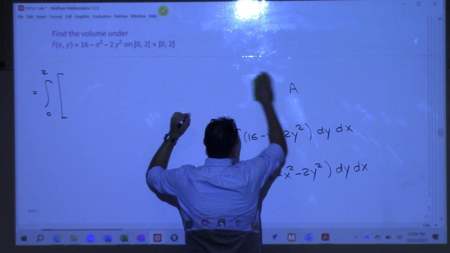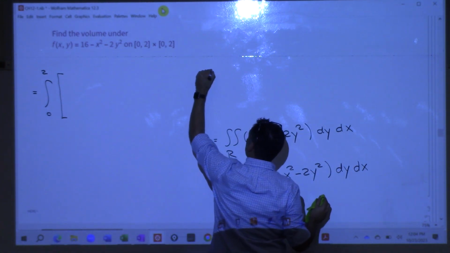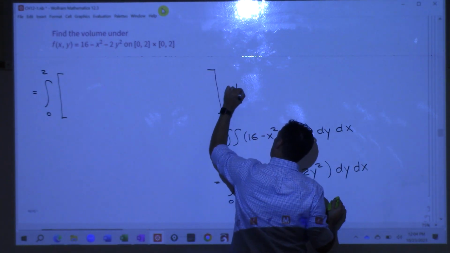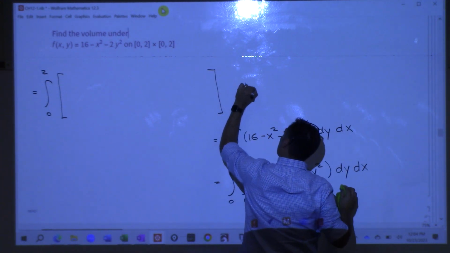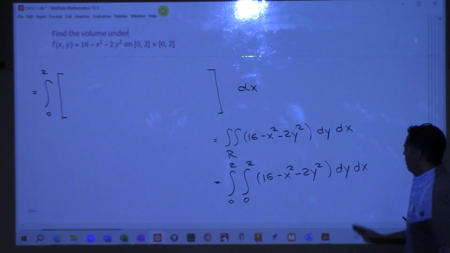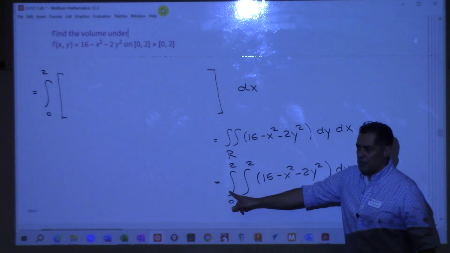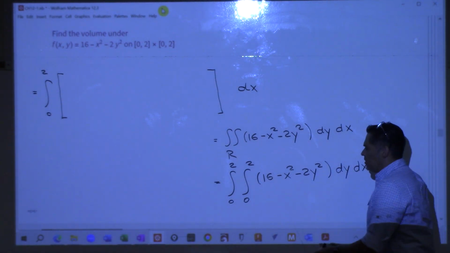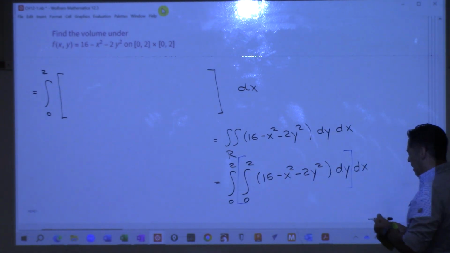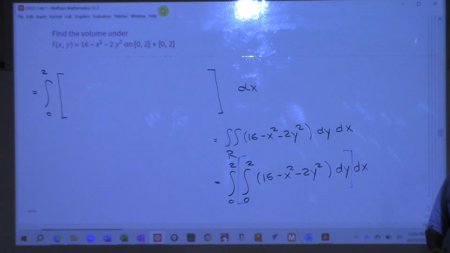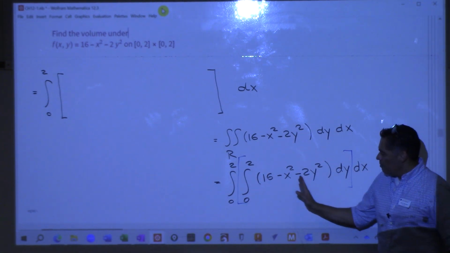That's the outer integral. Let me erase this. I'm going to give myself plenty of room here. Dx was my outer one, right? Okay. So that's this dx, and that's that outer integral, right? I'm taking everything basically in here and putting this in brackets. All right, everyone. Time to find antiderivatives, right? You have three terms here.